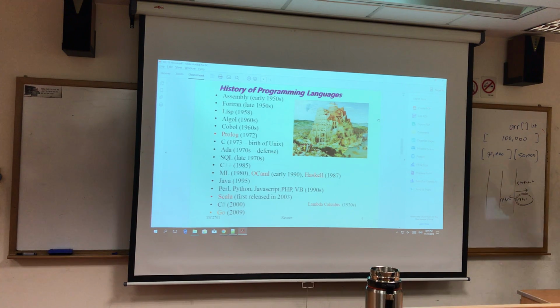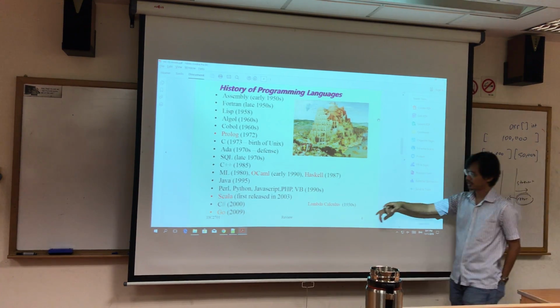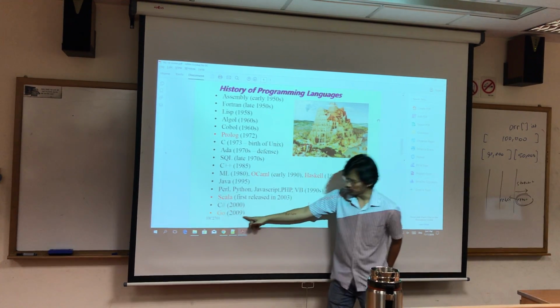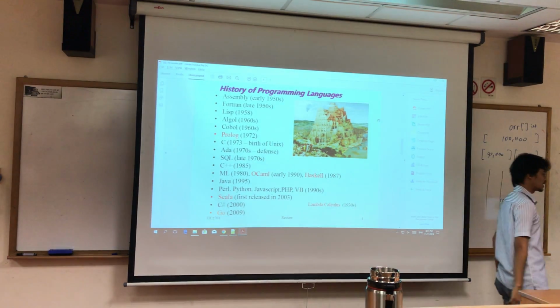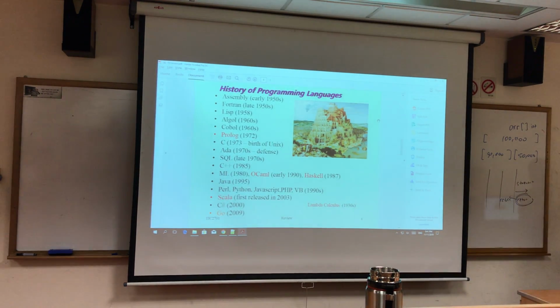Then this was just the history. Go was actually the latest language that we covered. It was only created in 2009 by Google. Go is not short for Google. They wanted to have another Go with a programming language. They have a very weird structure, as you can see.